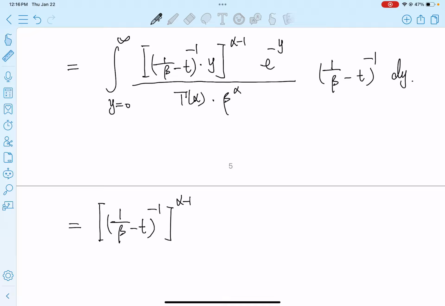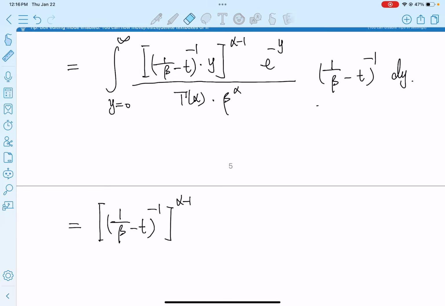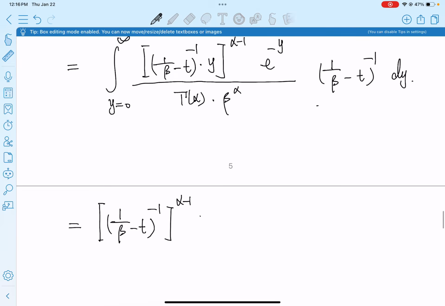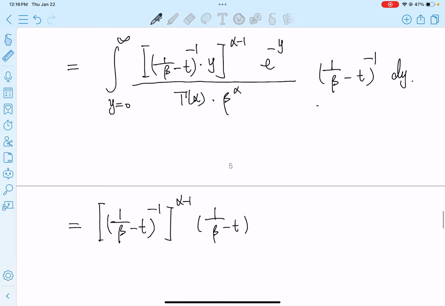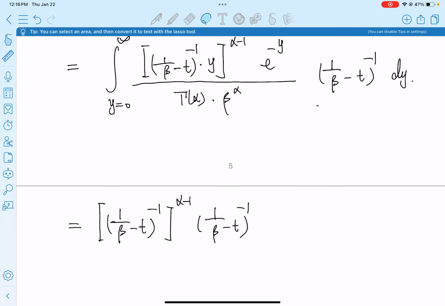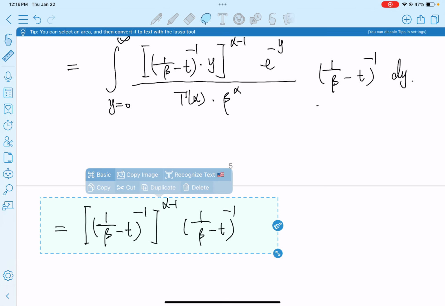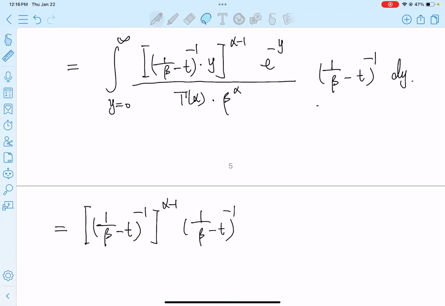Okay, and then this part here also does not involve y. So we can bring that raised to the power of -1. And then the remaining part are the following. This is the same trick that we did in the kernel for the first kernel function, but just a slightly different constant.